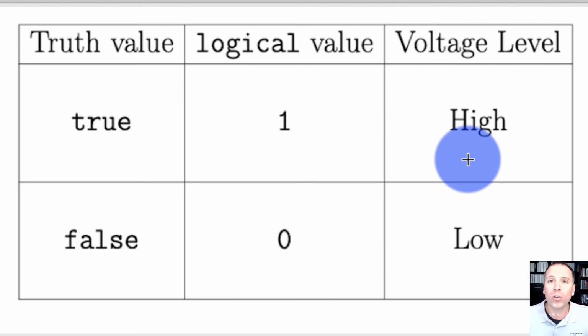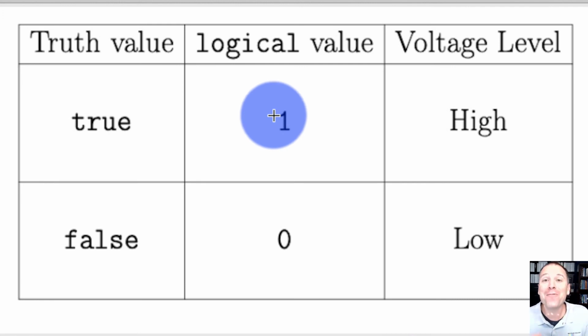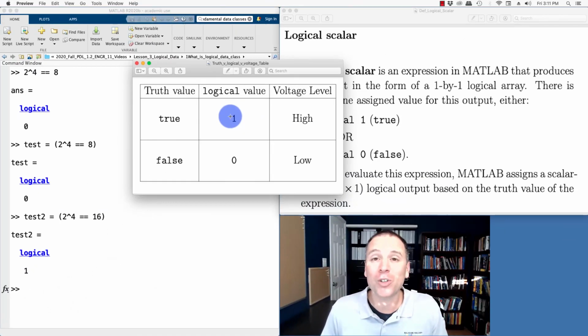The point of logical variables is to actually capture this using a data class so that we can write code to take advantage of true and false statements and build sophisticated computational algorithms from this very simple idea. MATLAB's logical data class is designed to allow us to store, capture, and manipulate that type of true and false data using MATLAB variables.